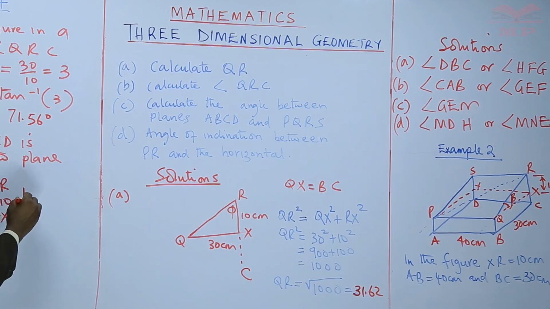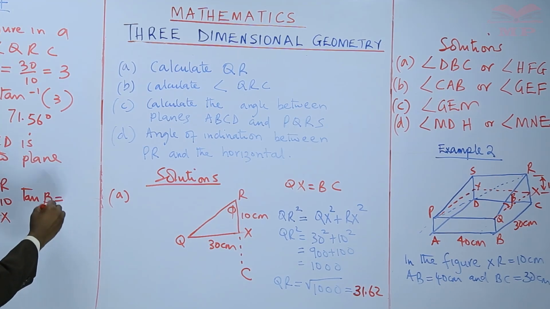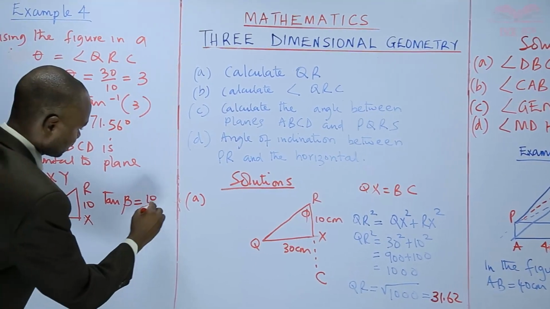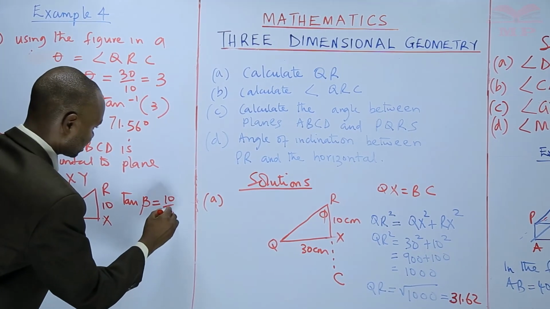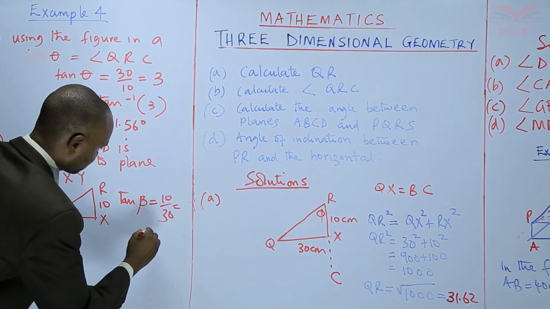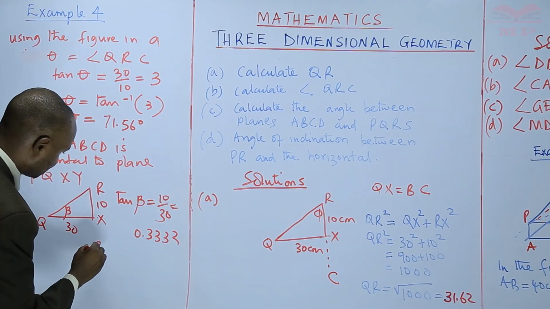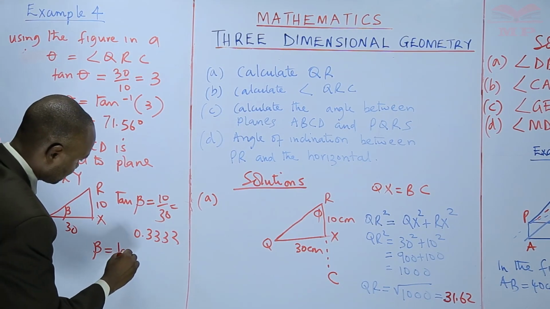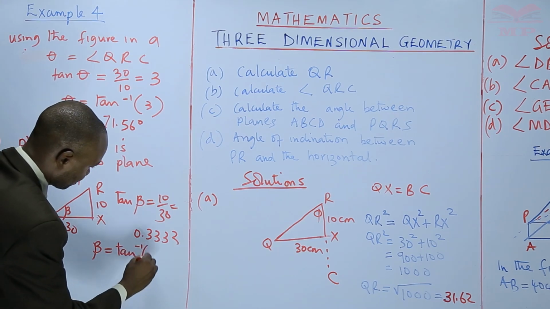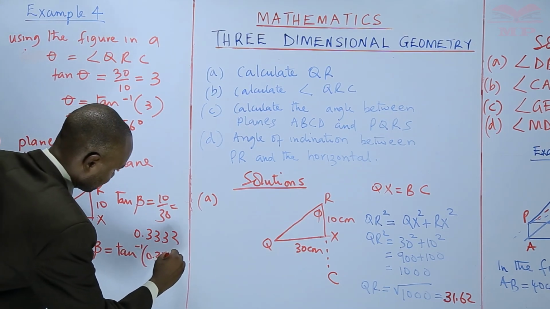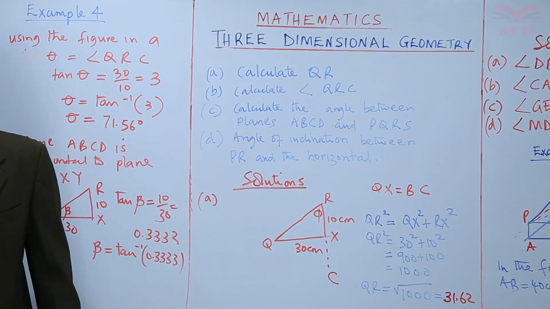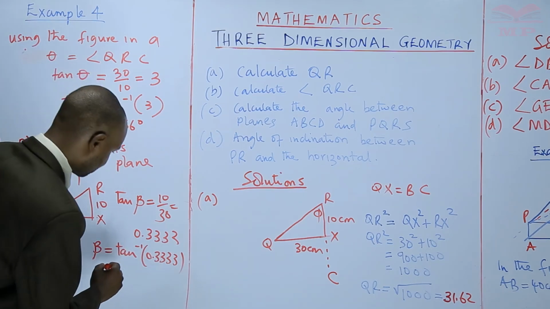So tan alpha is equal to 10 over 30, which is 0.3333. So alpha will be tan inverse 0.3333. You work out quickly with your calculators and get 18.43 degrees.